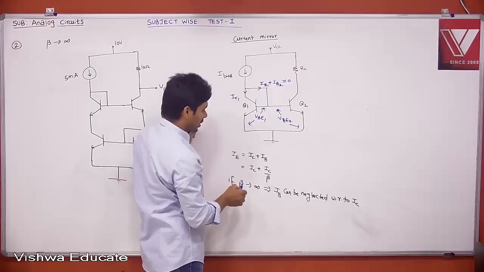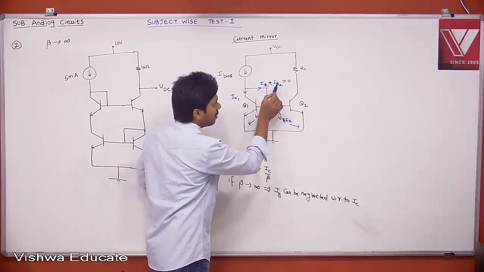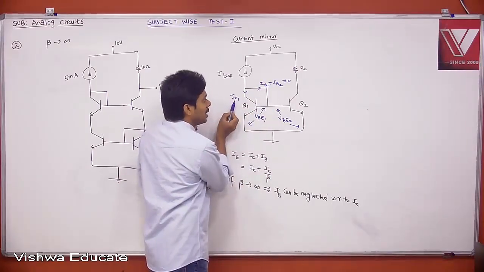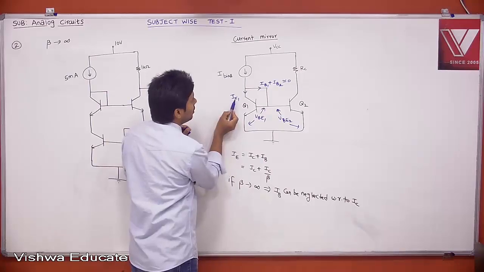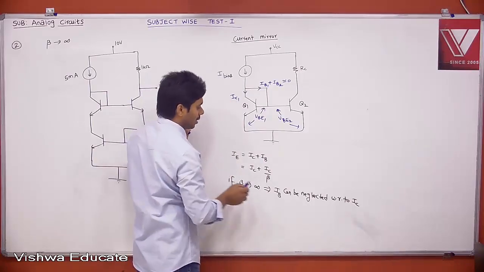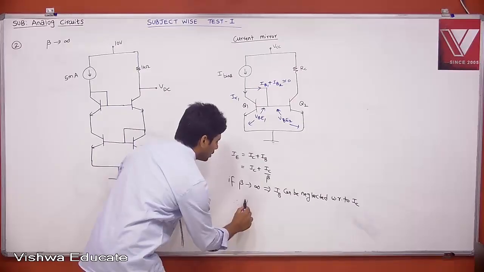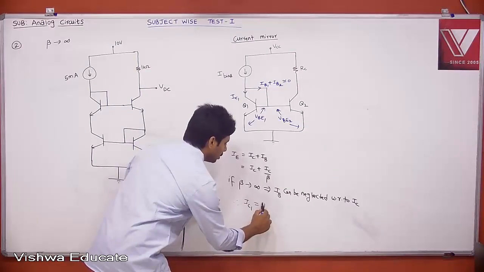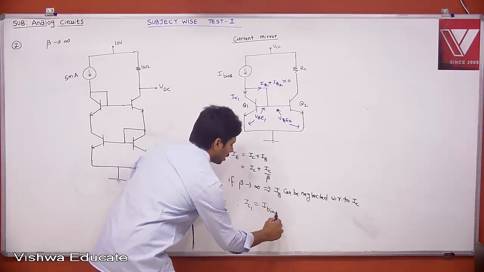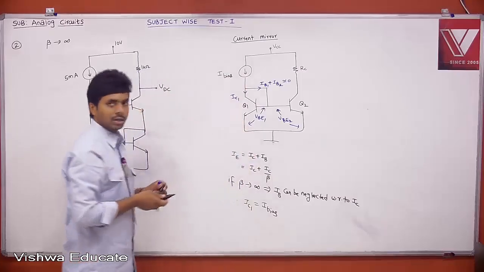Why? Because your beta is very large, you can neglect IB1 and IB2 with respect to IC. If this is the case, then what is your IC1? IC1 is nothing but I bias. Therefore, IC1 is equal to I bias. Whatever bias current you have from your current source, that is what it is.